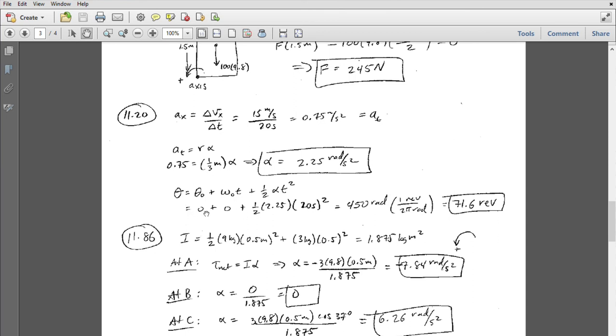So delta theta is equal to omega 0 times t, and initially it's at rest, so it's not rotating at all, plus 1/2 alpha t squared. When I calculate that, it gives me an angle of 450 radians. Then I change to revolutions by multiplying by 1 revolution over 2 pi radians, a factor of 1, to give 71.6 revolutions.